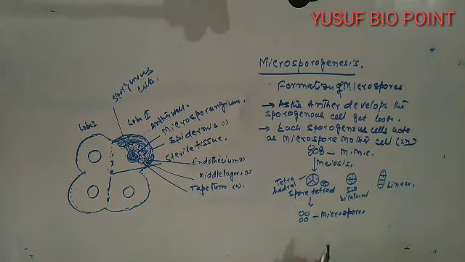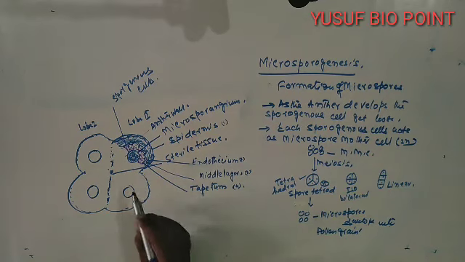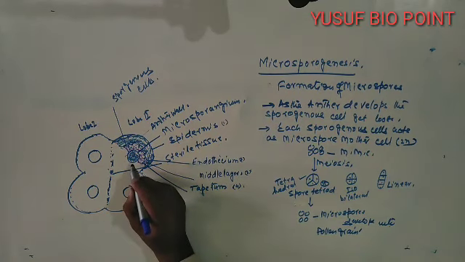So these are the microspores, and they develop into the male gametophyte. Now it develops into pollen grain.